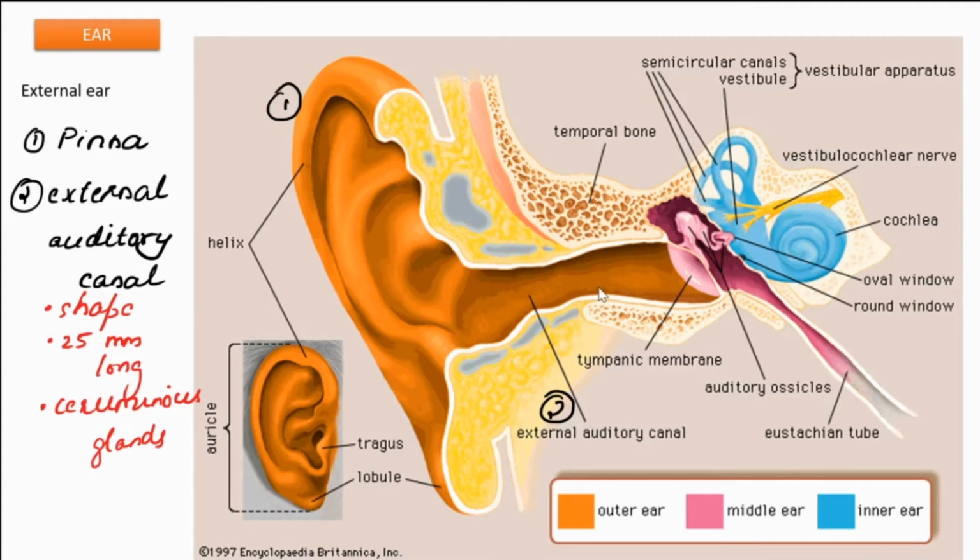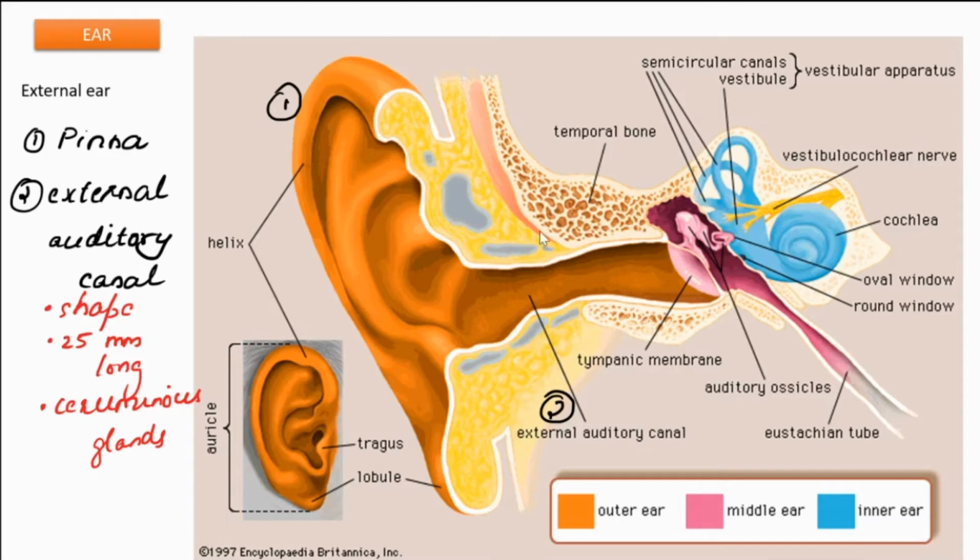Most people commonly put something into the ear to remove the earwax as they feel some itching. It's not that good. Earwax is actually a good thing for protecting our ear, so it should be there. If it is impairing the ability to hear, then only we need to approach a doctor to remove that earwax. Otherwise, we never attempt to remove that earwax. Okay.